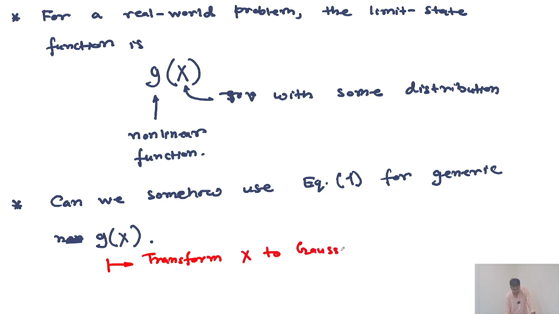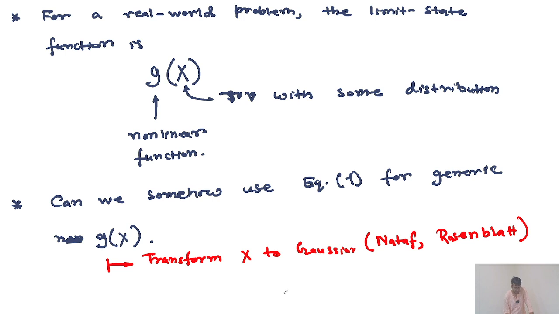How to transform X to Gaussian we have not yet discussed, and we are not going to discuss it now, but I will devote one lecture to it. There are in particular two methods which we will use. One is the Rosenblatt transformation, the other one is the Nataf transformation, which is the better one, and then inverse CDF and all those things obviously.